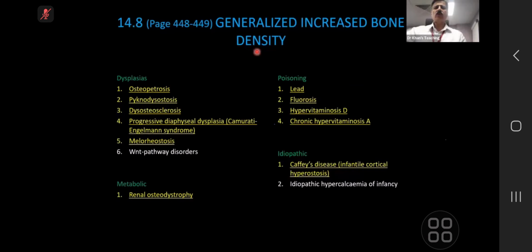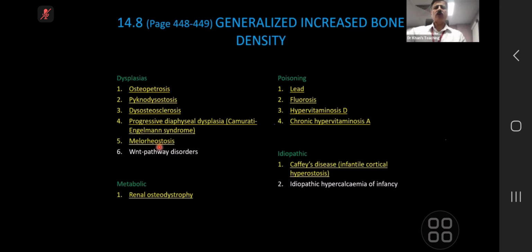Extremely important differential diagnosis. But in dysplasia, you can see the names which I have told you. I have not told you this one, but otherwise osteopetrosis, pycnodysostosis, Engelmann's disease, melorheostosis, these ones you have to remember.